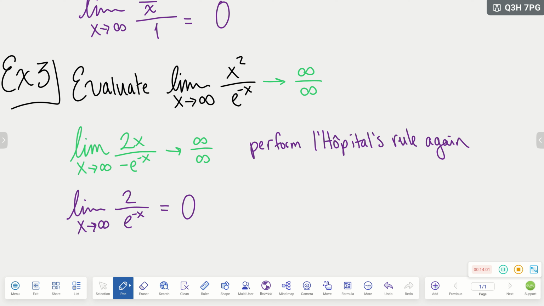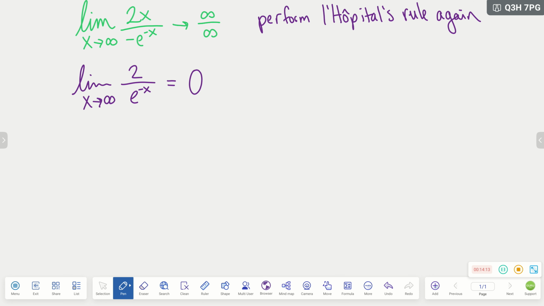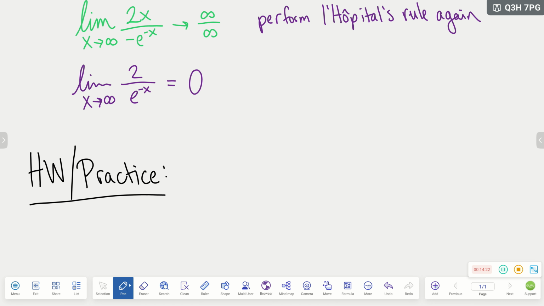If you want some practice problems to do for that, want might be a strong word. Here are some homework problems. Homework/practice. Okay, so that was only 3 examples.